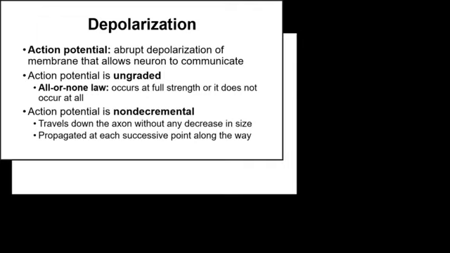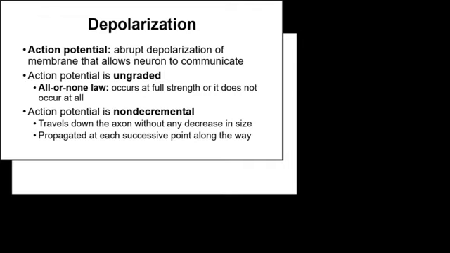So we have this propagation at each successive point along the membrane all the way down that axon, so that strength is maintained. The pattern that we see in that graph is going to stay the same no matter where you are throughout the cell. So that's what we mean by non-decremental.